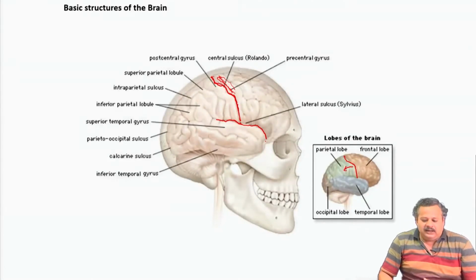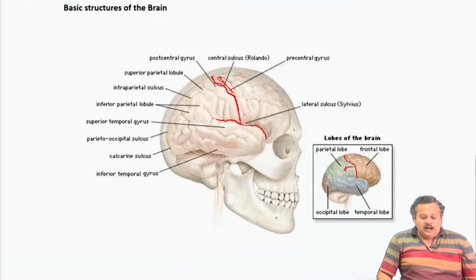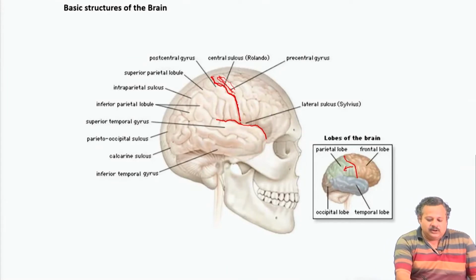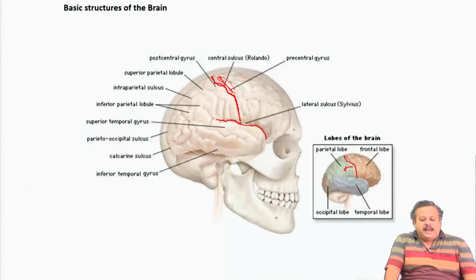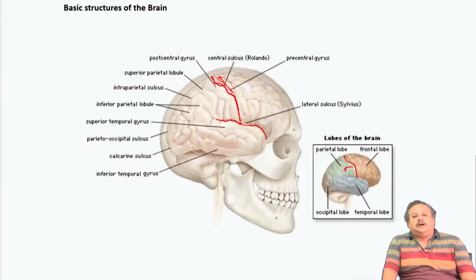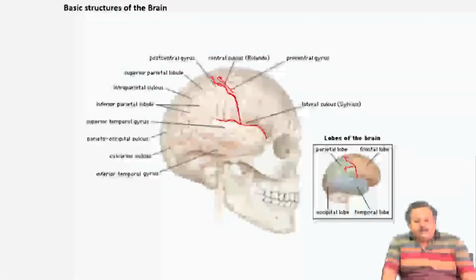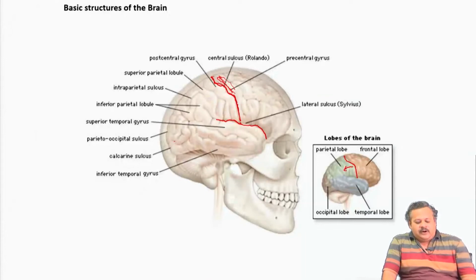At the very back of the brain is the occipital lobe, which is the main structure for visual processing. Primary visual areas and visual association areas are present in the occipital lobe, and they are also separated from the others by another sulcus.